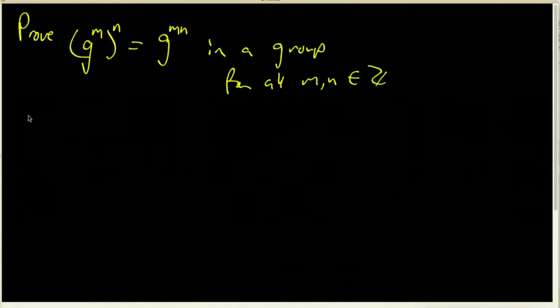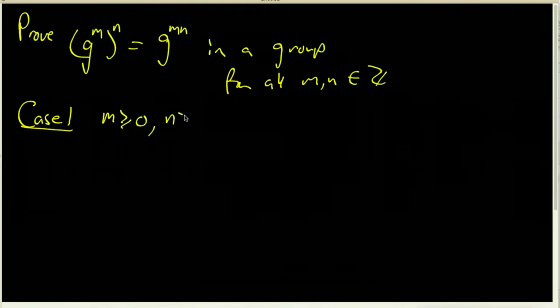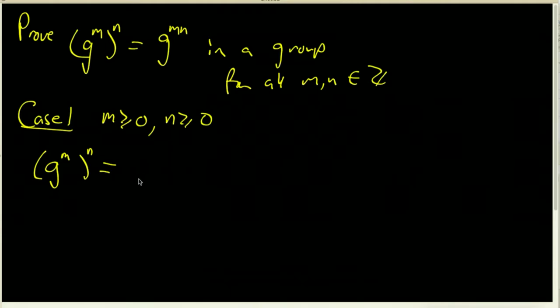Just like the proof of part 1 of this theorem, this proof is going to break down into 4 cases. And case 1 is the easy case. m and n are both bigger than 0. And in this case, the expression g to the m raised to the n can be understood in terms of the meaning of powers where the power is a natural number.